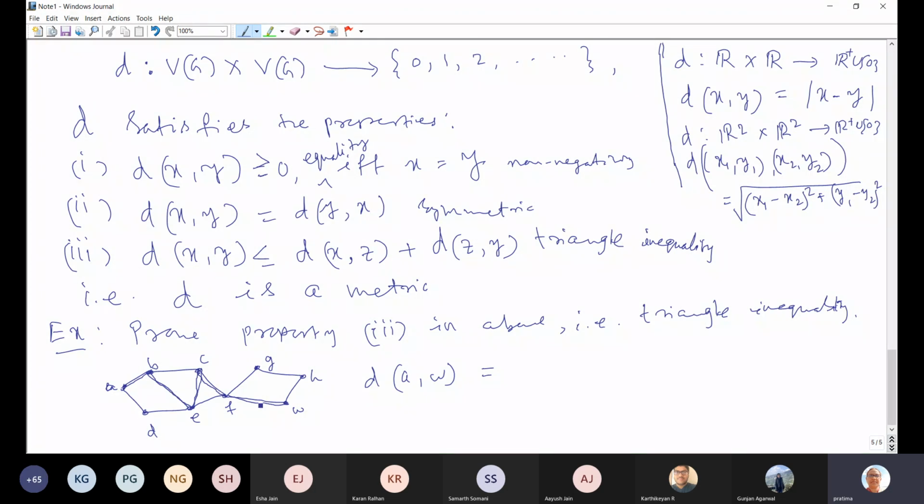This path I have drawn, its length is equal to 5.